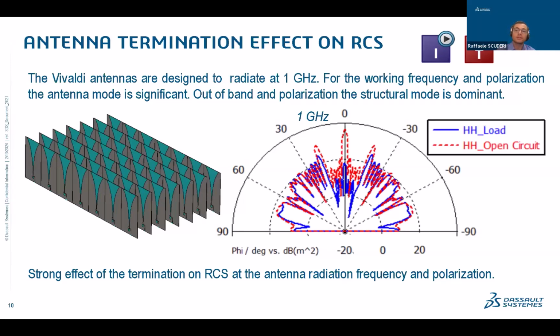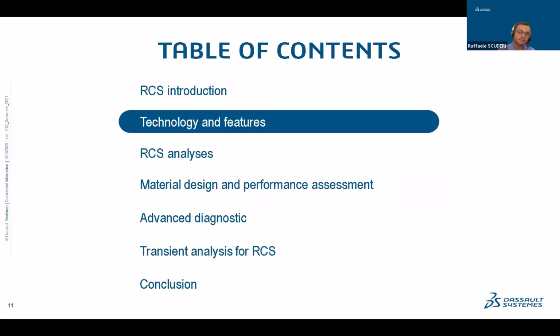The structural mode is related to the antenna as an object, independently of its radiation properties, while the antenna mode is related to the energy that is captured by the antenna at its port and is reflected back depending on the load or matching conditions. Okay, and in this polar plot, we can see the effect on the RCS when we have two different load conditions for this array of Vivaldi antennas.